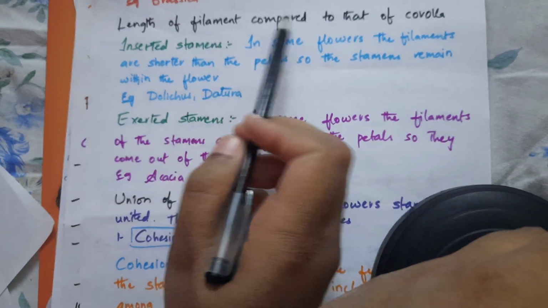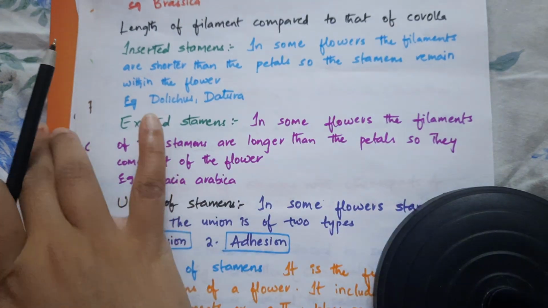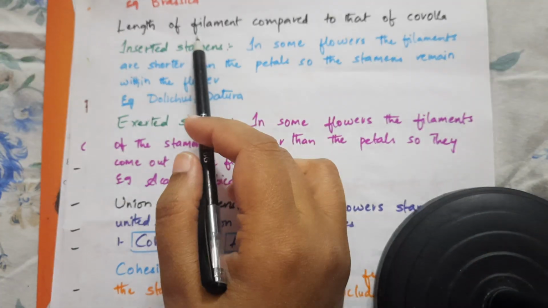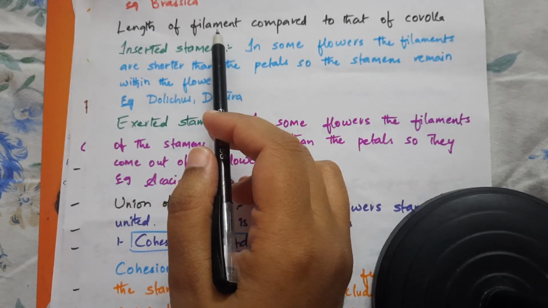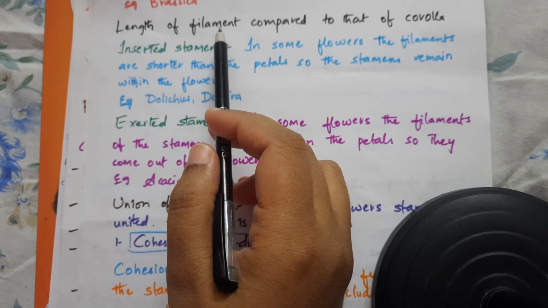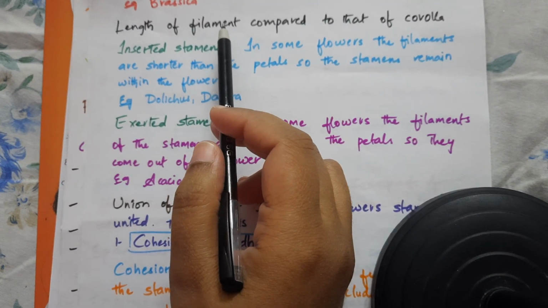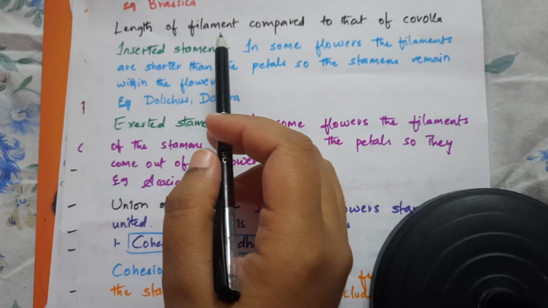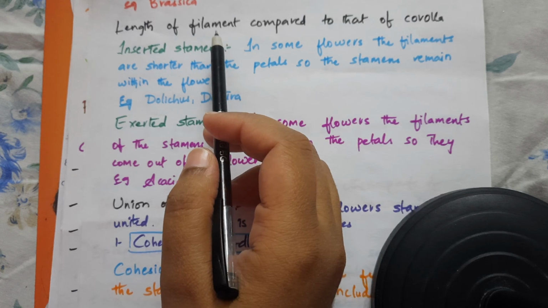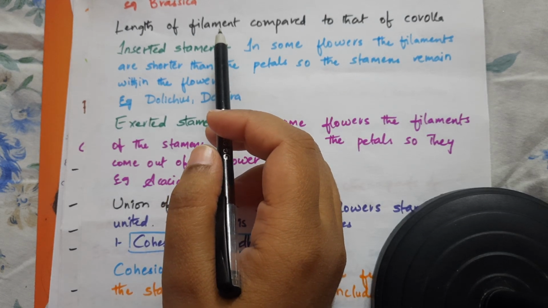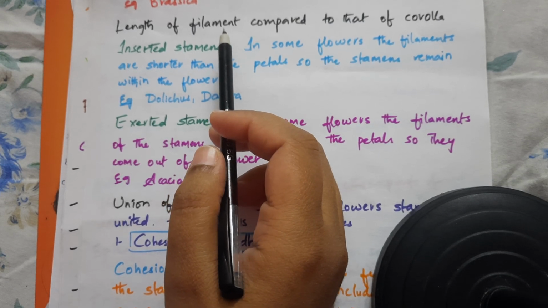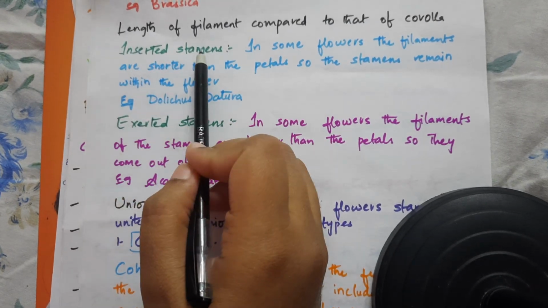Length of the filament compared to that of corolla means, is the length of the filament of anther longer than the corolla lobes or is it shorter compared to the corolla lobes? Means the anthers are coming outside from the flower or these are on the inner side, restricted to only the inner part of the flower. See here, inserted stamens.